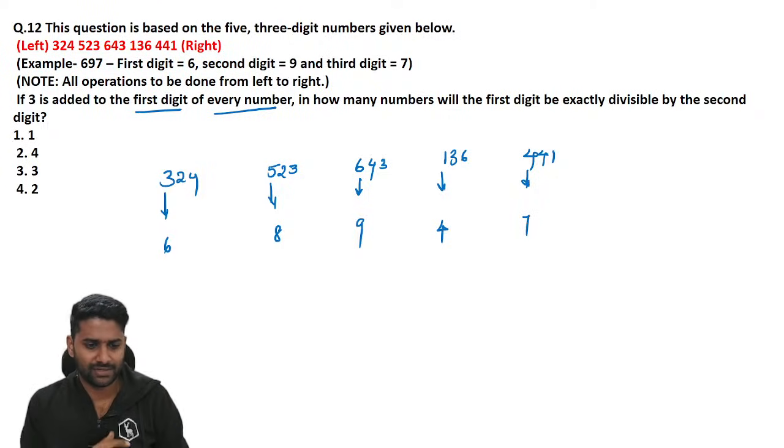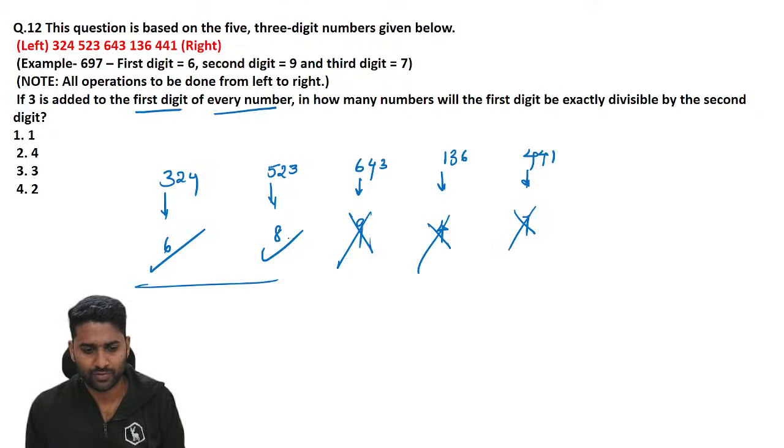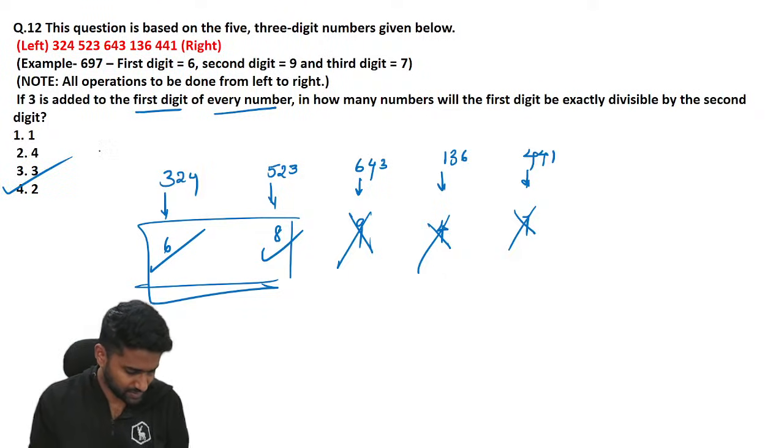Then how many numbers have the first digit exactly divisible by the second digit? Definitely 6 is divisible by 2, 8 is divisible by 2, but 9 is not divisible by 4, 4 is not divisible by 3, and 7 is not divisible by 4. So you can say that only two numbers.